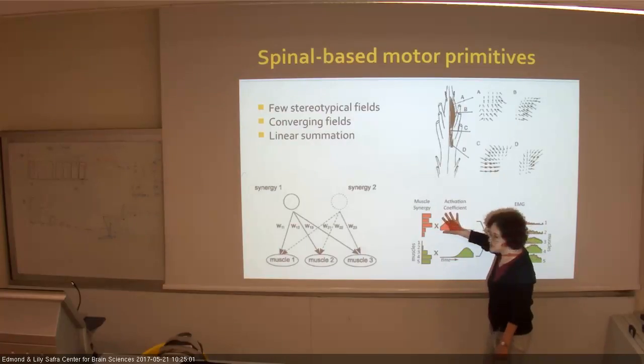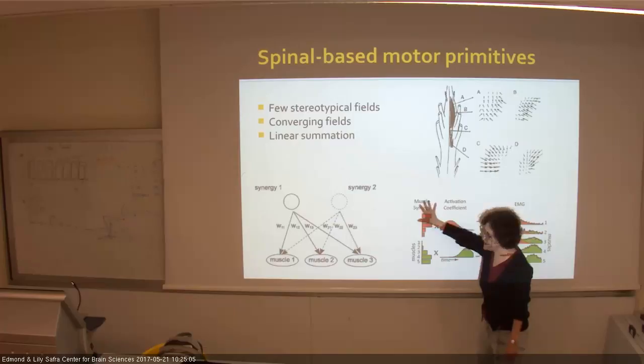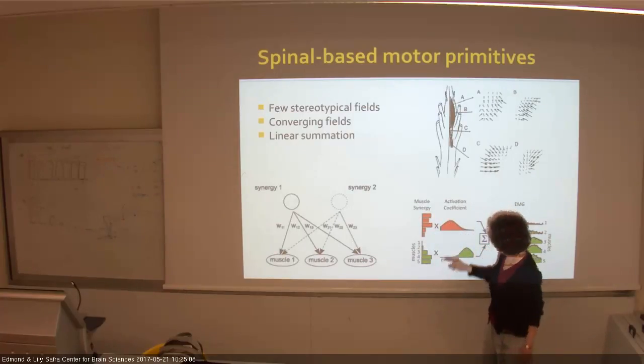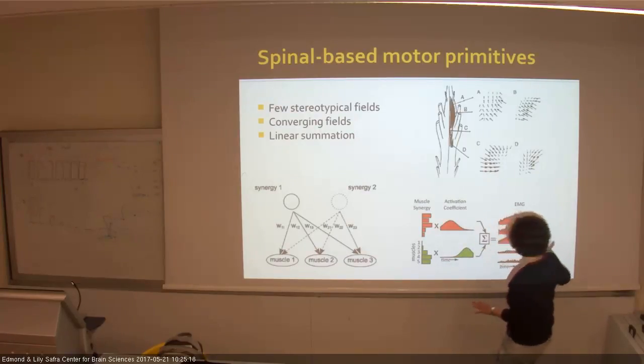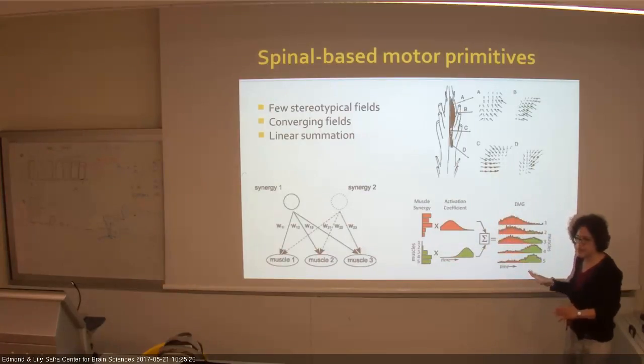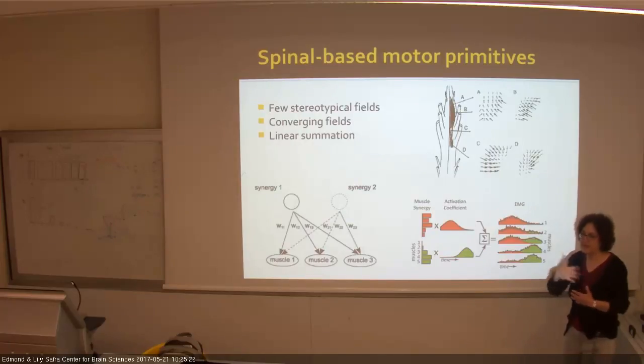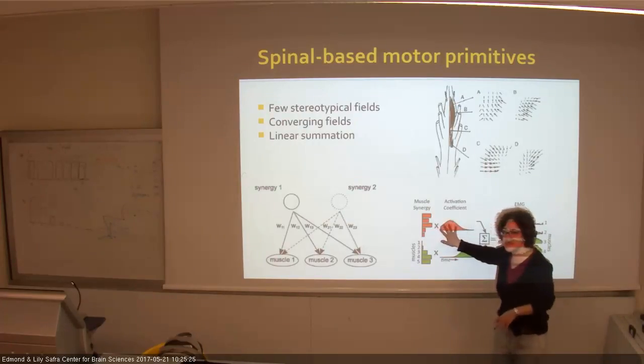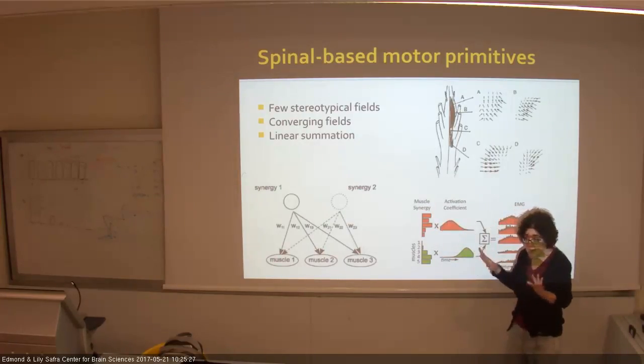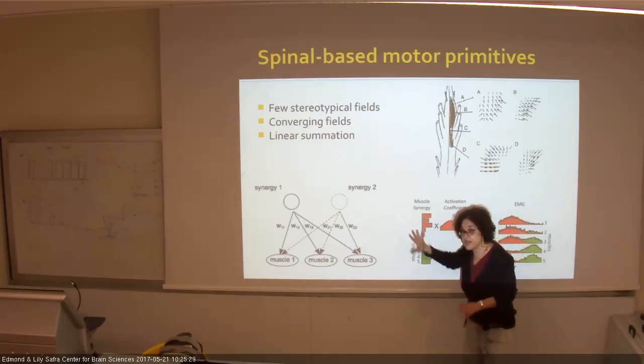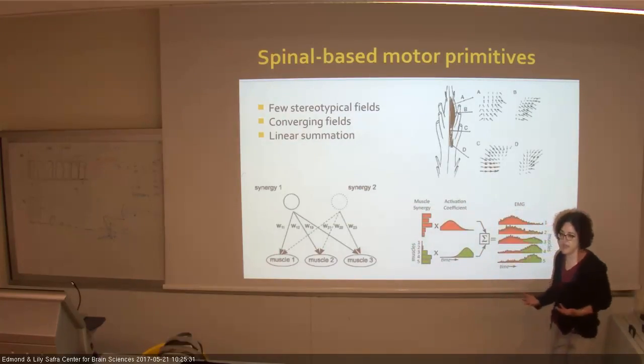So the upstream cortical command only needs to know the synergies that are available, and it could learn by experience what activation coefficients are required to be sent downstream in order to get a complicated action. So there is an intermediate step of translating a relatively simple command into very complicated patterns of muscle activation.